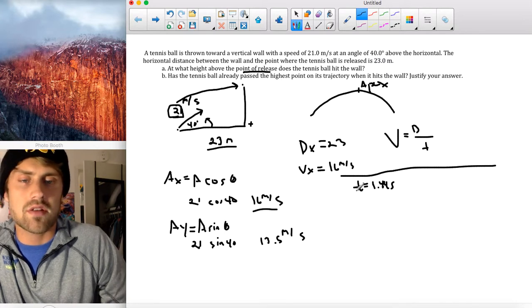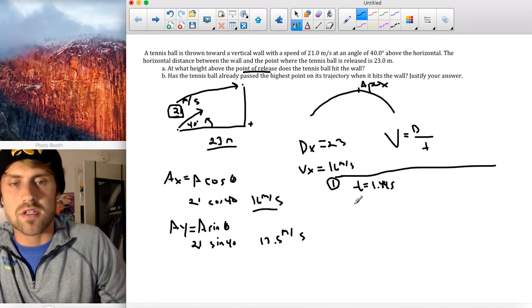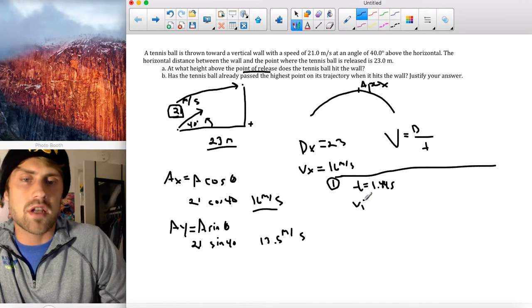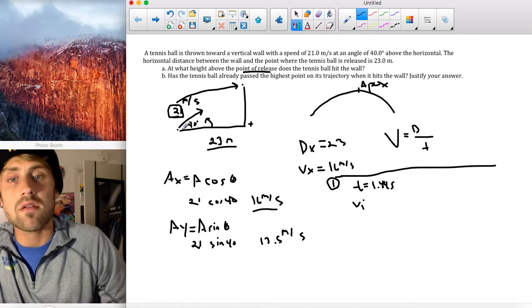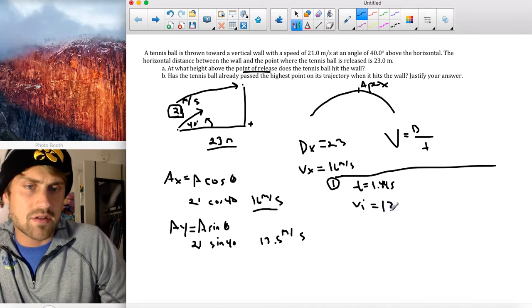So we know that the tennis ball is going to hit, and we'll call this problem 1, the wall 1.44 seconds after it's released. We know this is going to have an initial y velocity of 13.5 meters per second.